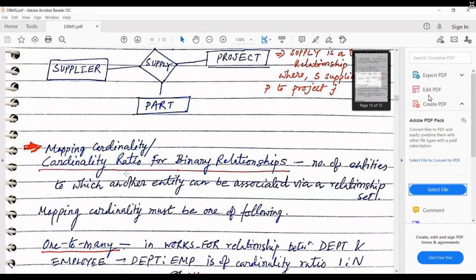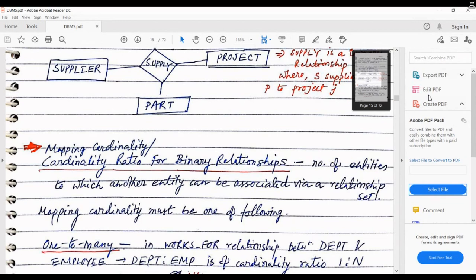The entity relationship model is well described in the book by Navathe, and again the normalization part is from Navathe. But the transaction part is from Korth. So from different books I have jotted it down in my notes. So I think it will be helpful for you if you follow my notes for definitions and other examples. Here it is summarized actually.